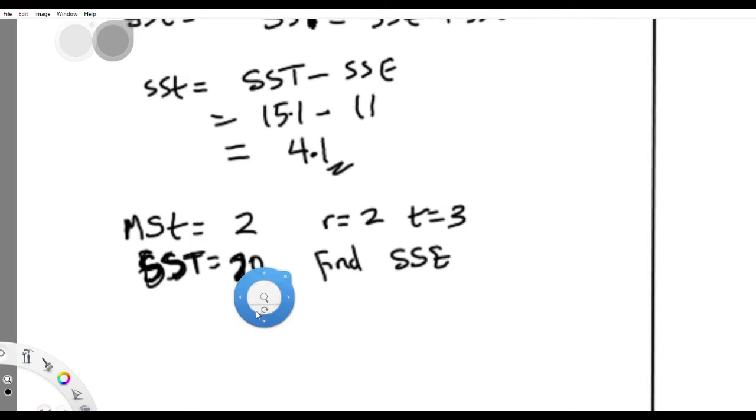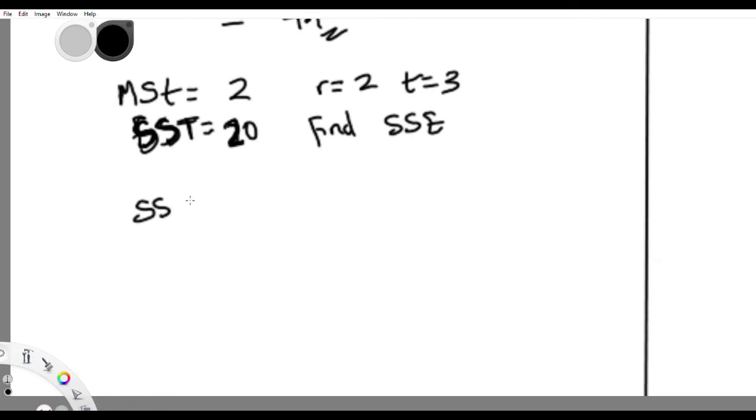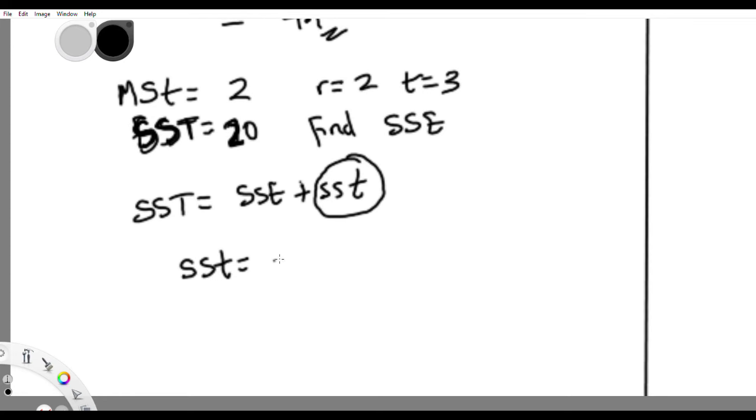Now you remember that sum of square total is sum of square error plus sum of square treatment. So that means we need sum of square treatment, but the question only gave us mean square treatment. And how do we get sum of square treatment from mean square treatment? Remember that from the table, mean square treatment equals sum of square treatment divided by degree of freedom for treatment, which is treatment minus 1.